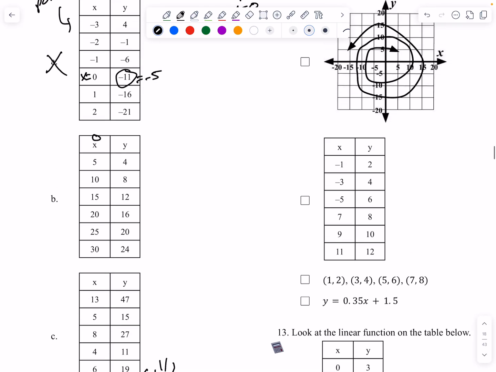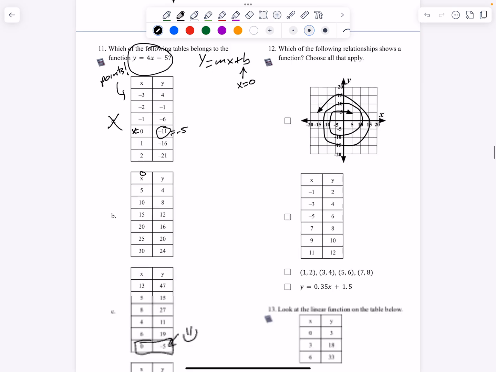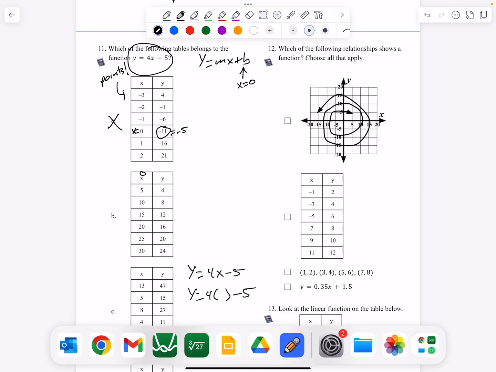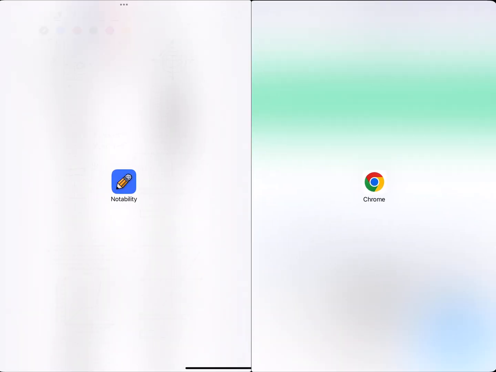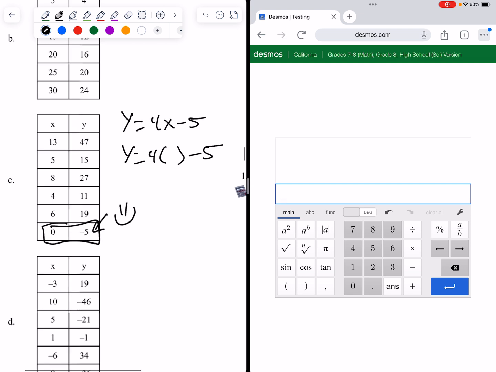So what do we do now? Well, let's just plug in our equation. So what do I mean by that? I got y equals 4x minus 5, or y equals 4 parentheses minus 5. Let's bust out our fancy calculator here. And you can see what we did earlier, so let's clear that. So I have 4 parentheses minus 5.